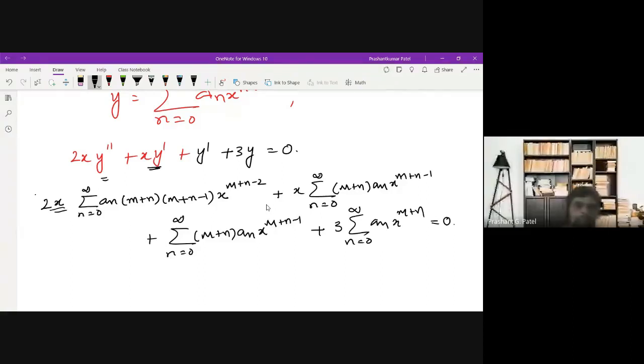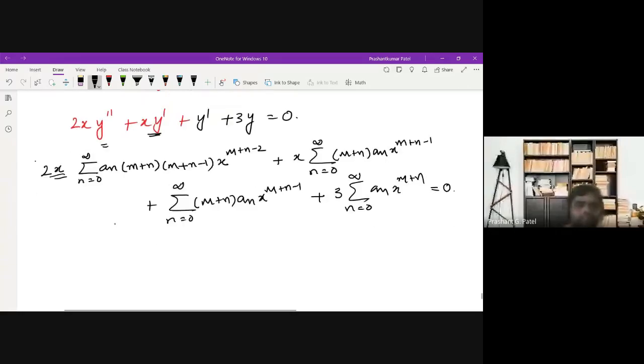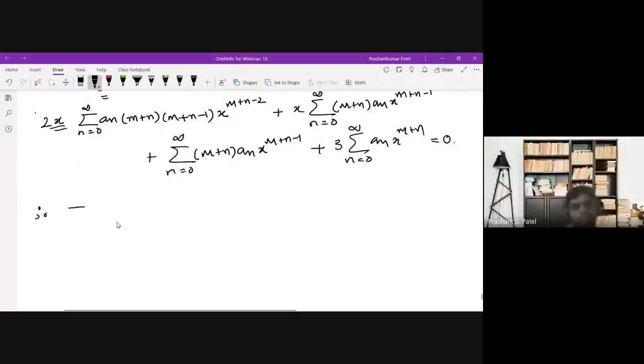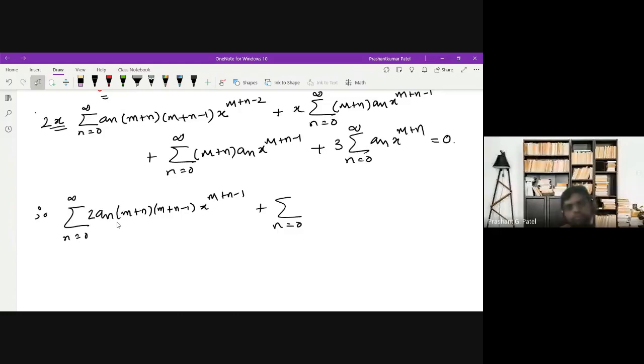Now this x you can multiply inside. So we can rewrite this as summation n running from 0 to infinity 2 into a n (m plus n)(m plus n minus 1) x raised to m plus n minus 1, plus summation n running from 0 to infinity (m plus n) a n x raised to m plus n, plus summation n running from 0 to infinity (m plus n) a n x raised to m plus n minus 1.